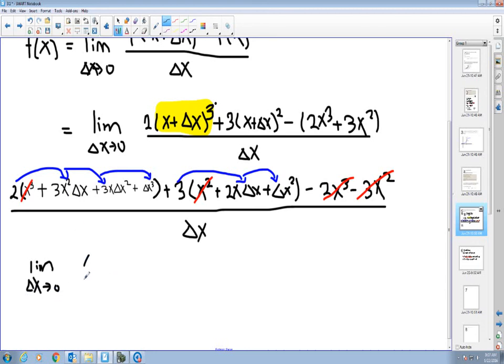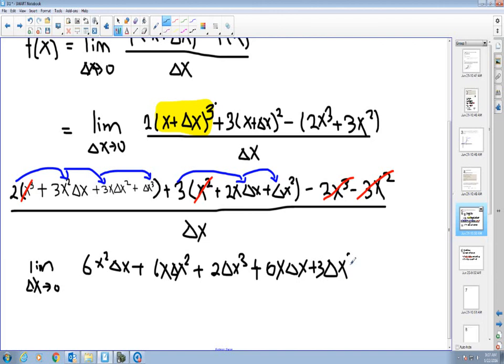Let's see, the 6x squared delta x plus 6x delta x squared plus 2 delta x to the third plus 6x delta of x and 3 delta x squared.